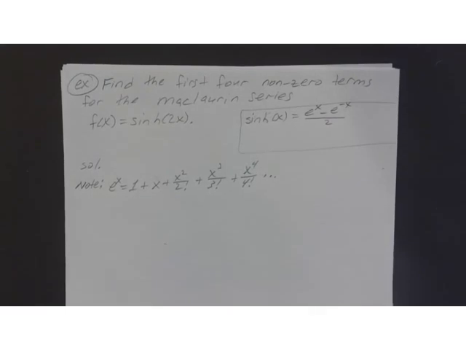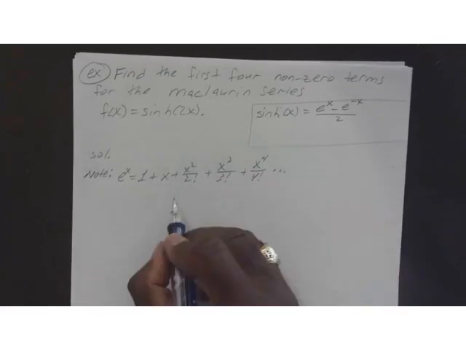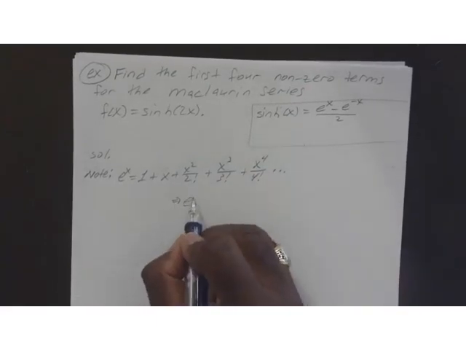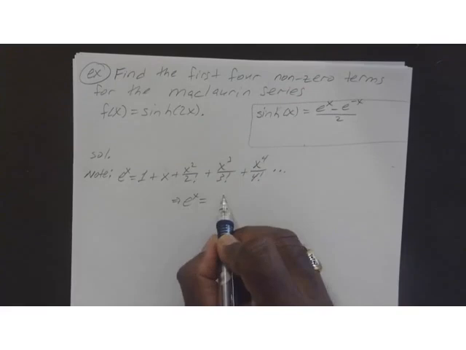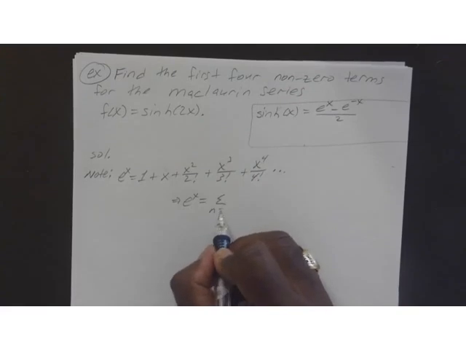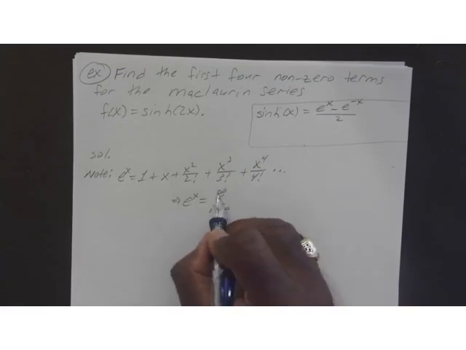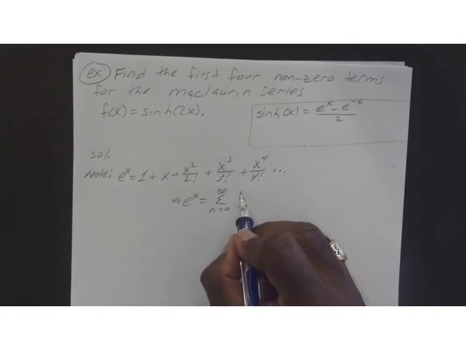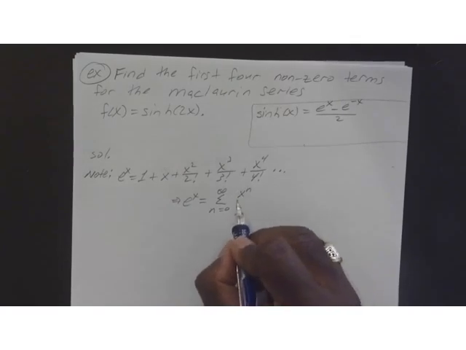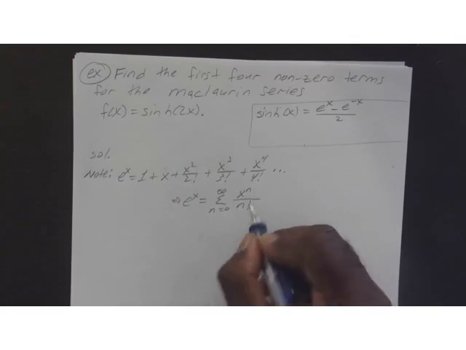Okay, but we can rewrite that as a series. So e to the power of x can just equal the sum from n equals 0 to infinity of x to the power of n divided by n factorial.